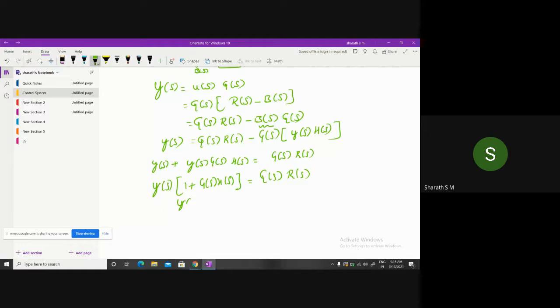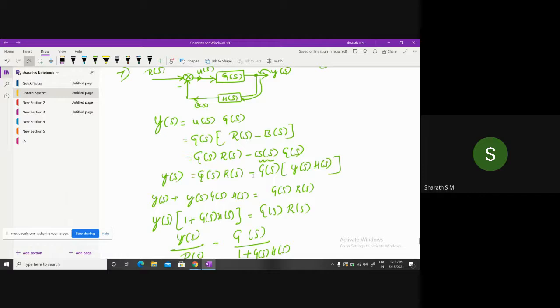So we need to find the transfer function, that is output by input, Y of S as output and R of S as input, that is equal to G of S divided by 1 plus G of S into H of S.